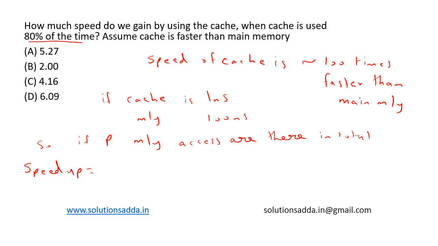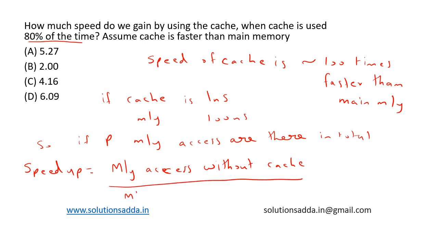speed up is equal to memory access time without cache divided by memory access time with cache. This is the formula for calculation.